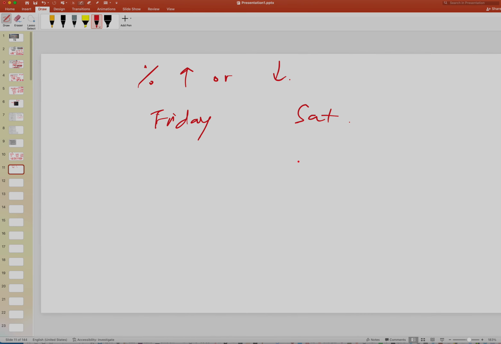Saturday. So let's say Friday my weight is 75 kilogram, and then Saturday today I weigh myself. Okay, 72 kilogram. So I want to find out what's the percentage increase or decrease. In this case, I will let the formula give me the answer, whether it's an increase or decrease.